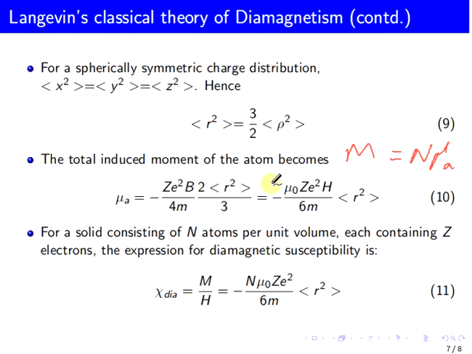Now if we want to consider the susceptibility, that is the magnetization produced per unit field, susceptibility chi is defined as magnetization per unit field, so we just divide by the applied field H. The expression for the susceptibility will be n mu 0 Z e squared by 6m into the expectation of r squared.